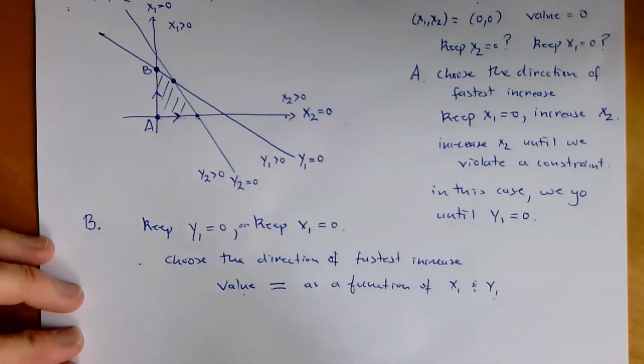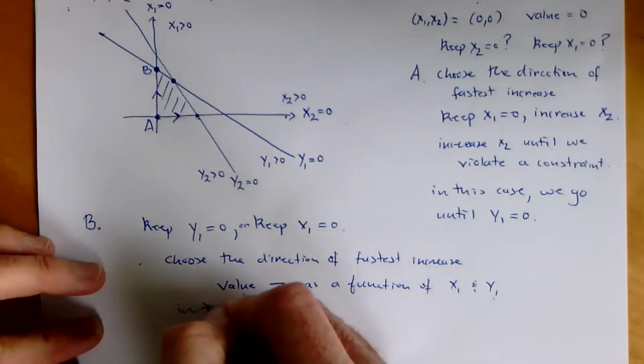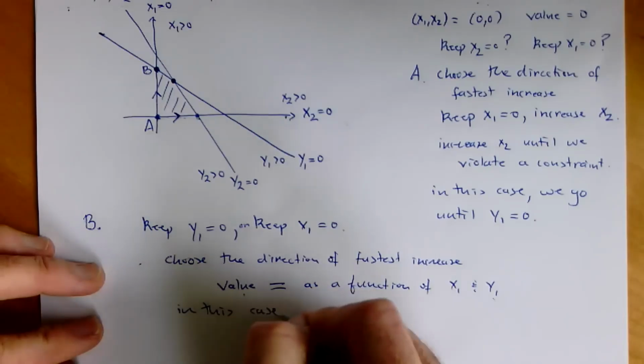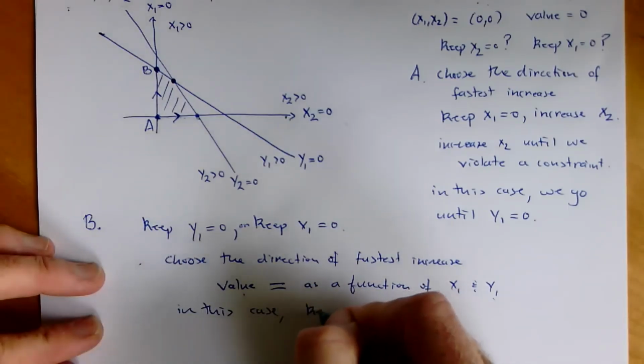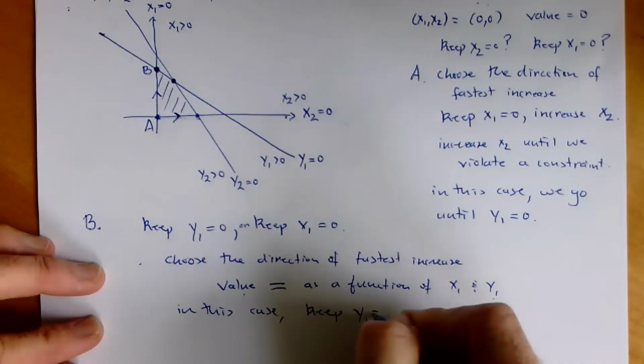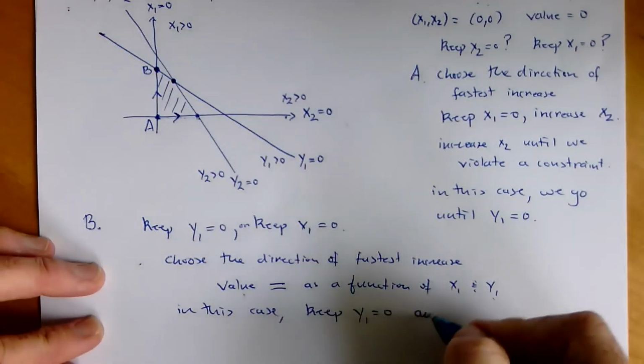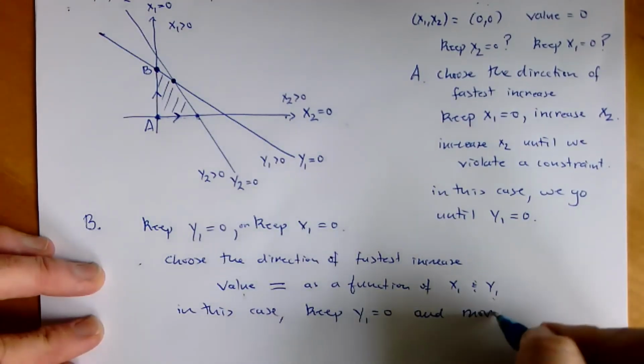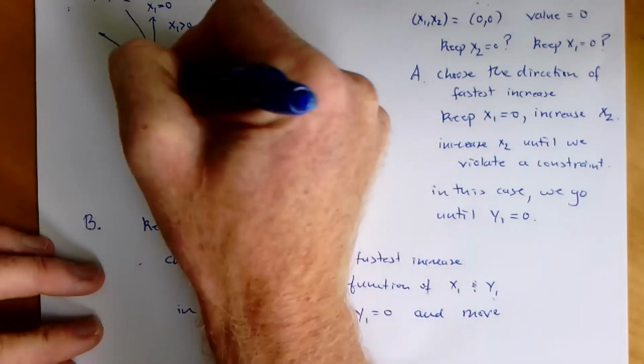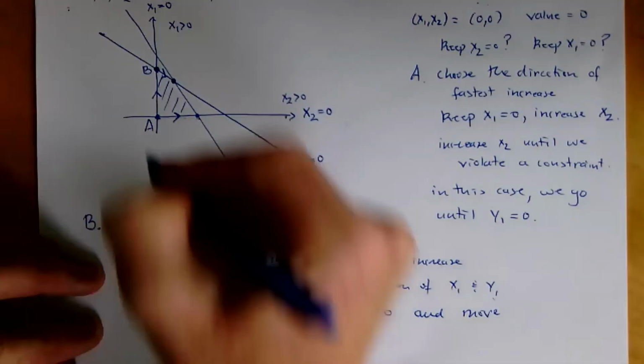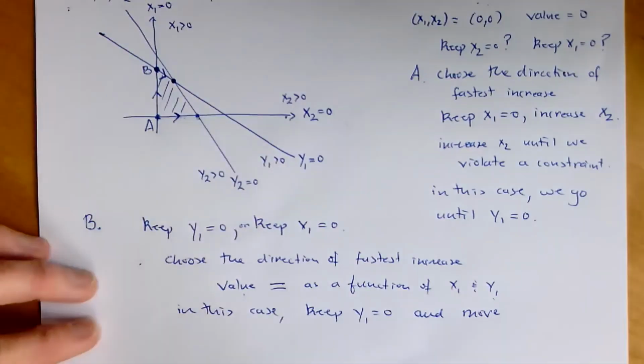So we do the same thing. We figure out which direction. In this case, keep y1 equal to 0 and move, and you can see that we move in this direction. Generally, a couple of things could happen.